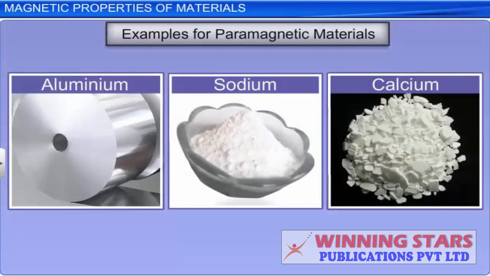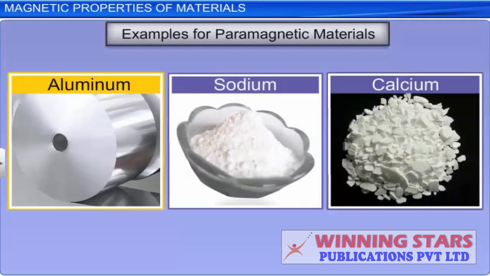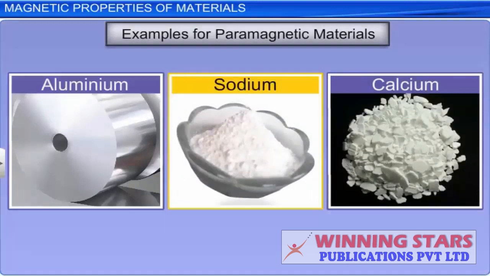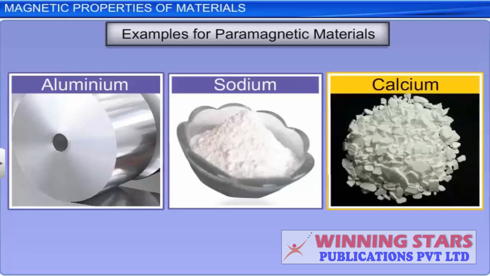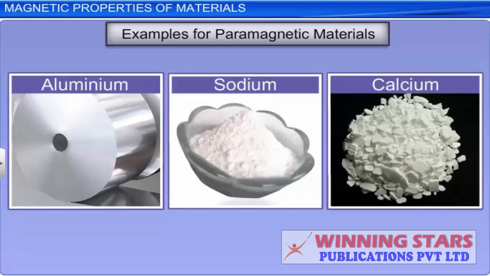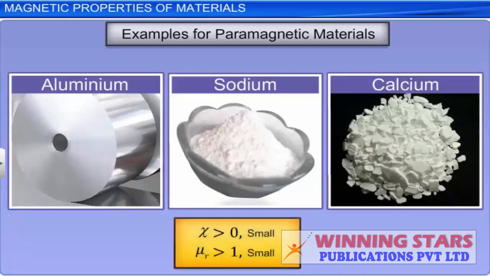Some examples of paramagnetic materials are aluminium, sodium, calcium, etc. Magnetic susceptibility of paramagnetic materials is small and positive. Relative magnetic permeability of these materials is slightly greater than 1.